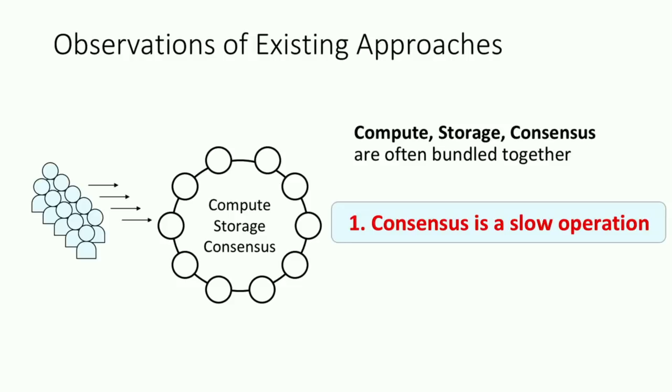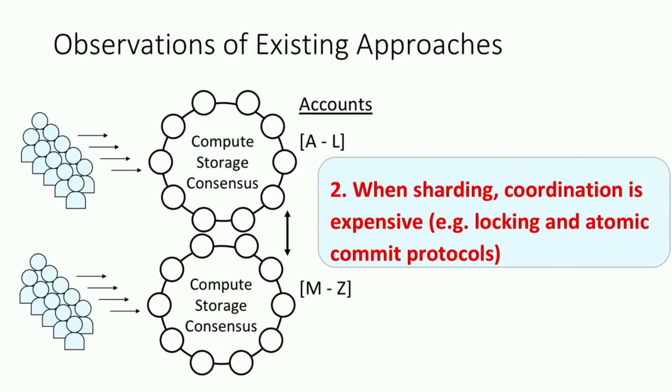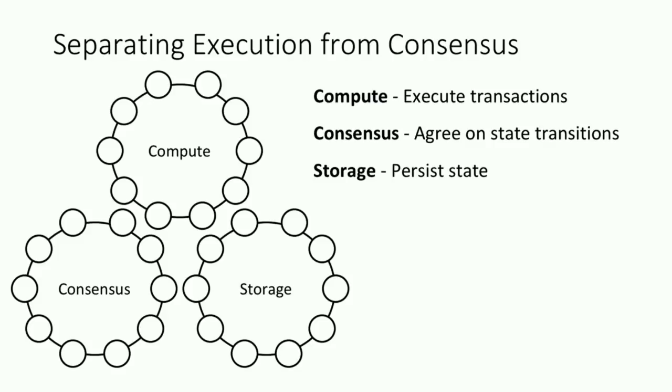First, a blockchain platform essentially provides three main functionalities: consensus, storage, and compute. Unfortunately, in most of today's blockchain platforms, all the three functionalities are coupled together, which makes it really difficult to scale. And here, consensus is the slow operation, and it's often the key bottleneck.